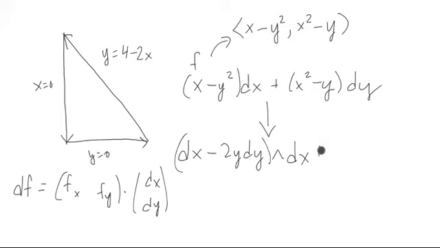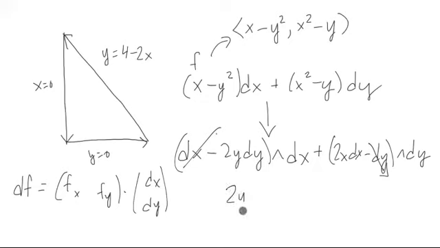And then we do the same thing over here: 2x dx minus dy, and we're wedging with dy. With this wedge, we can eliminate anything that's the same, dx with dx or dy with dy, because it's just 0. So we essentially get this, where the dy dx is out of order, so we change the sign right here.